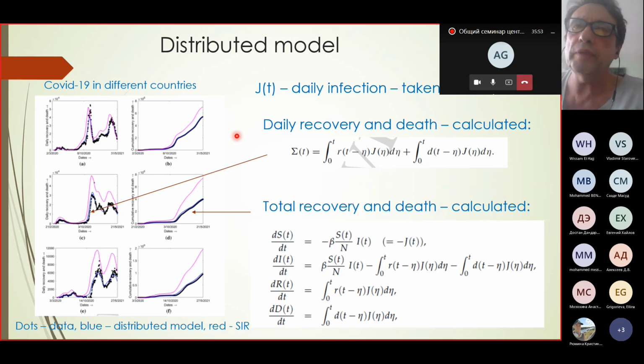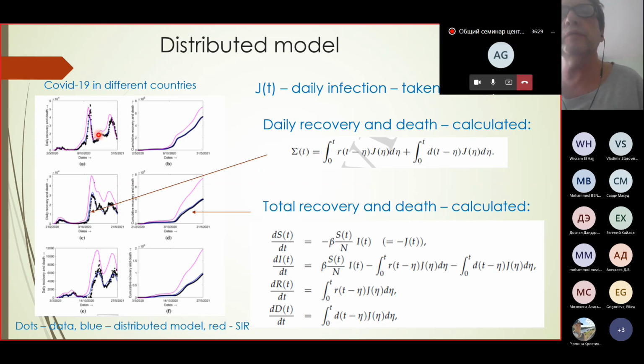I hope this is clear. Since we cannot find this data for all countries, we take these kernels R and D for some countries and then apply them to all other countries. Here there are 3 different countries corresponding to 3 different rows of these figures, and for all of them we take the same kernels R of t and D of t. If I answered your question, then I will continue.